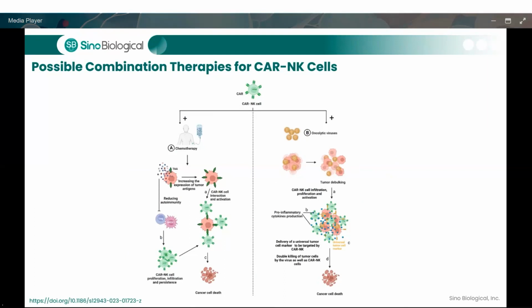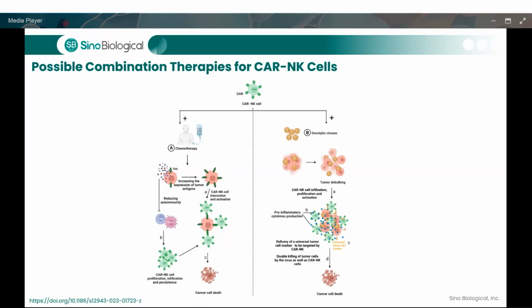Similar to what we discussed in previous slides, a combination of CAR NK cells with other therapies also shows promising outcomes. For example, with chemotherapy, the upregulation of tumor-associated antigens on the cancer cells further enhances the CAR NK cells' interaction with the cancer cells and promotes their cytotoxic activity.